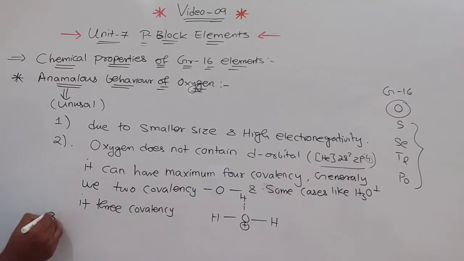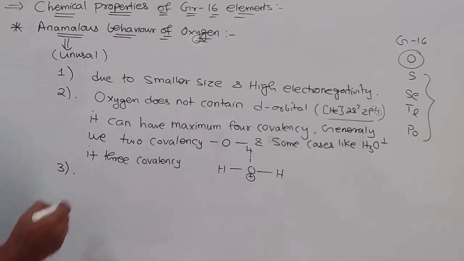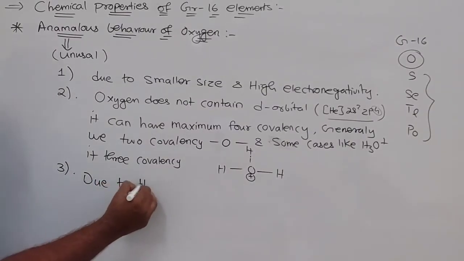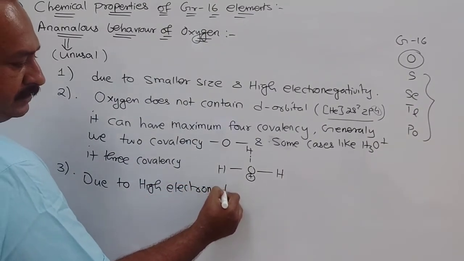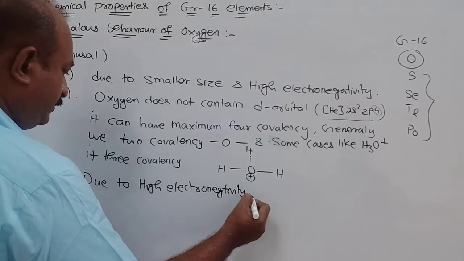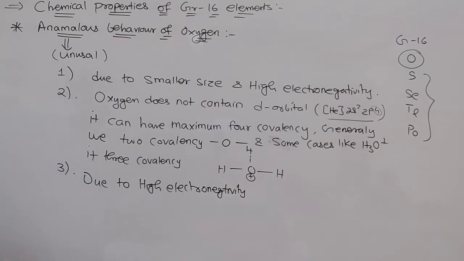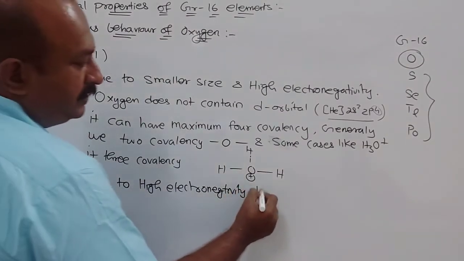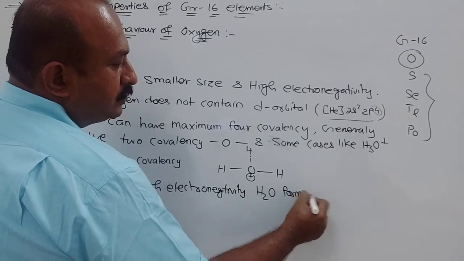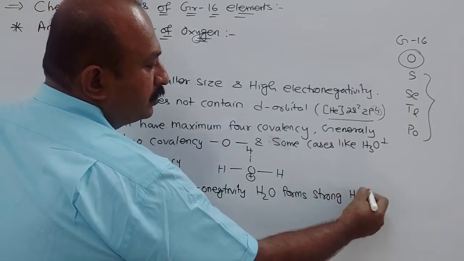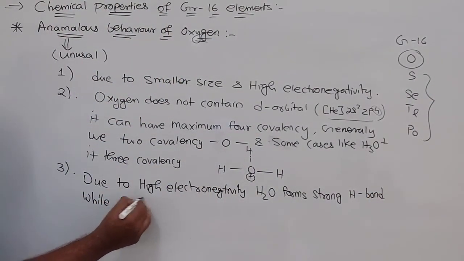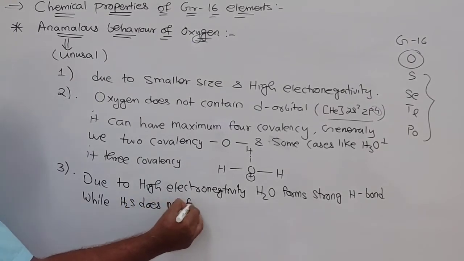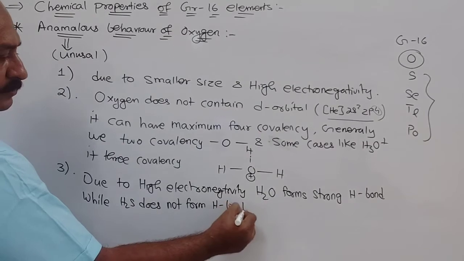Then the third property. Due to high electronegativity, H2O forms strong hydrogen bonds, while H2S does not form hydrogen bonds.